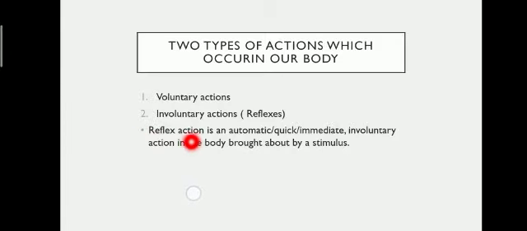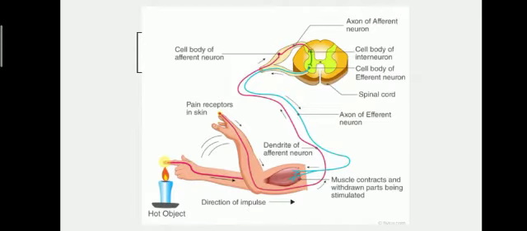Reflex actions are of two types. Let us first see how a reflex action takes place. Suppose we have placed our hand upon a burning candle, immediately we remove the hand. How does it happen? Within a fraction of a second we remove our hand.